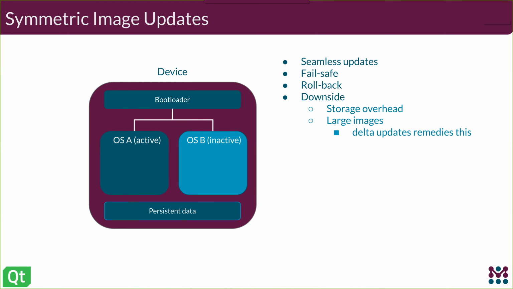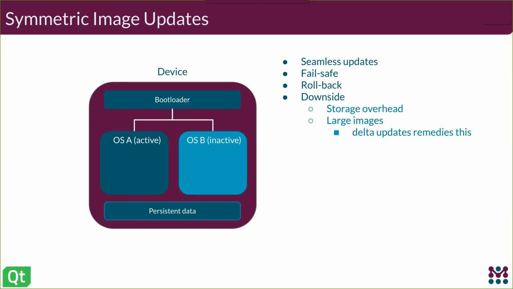And by using A/B partitions, this means that you have a built-in fail-safe and rollback mechanism. The general idea is that you always have redundancy. So you have an operating system A, which is the active OS, and that's what's running on your device. When you deploy a software update, you're updating OS B while leaving OS A intact, without ever changing any bytes on it.